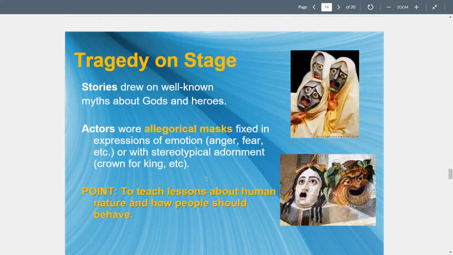She had been cursed by Apollo because she rejected his advances, that no one would ever believe her prophecies. And Agamemnon brings her home as his concubine. And of course, his wife Clytemnestra is really not happy about that.